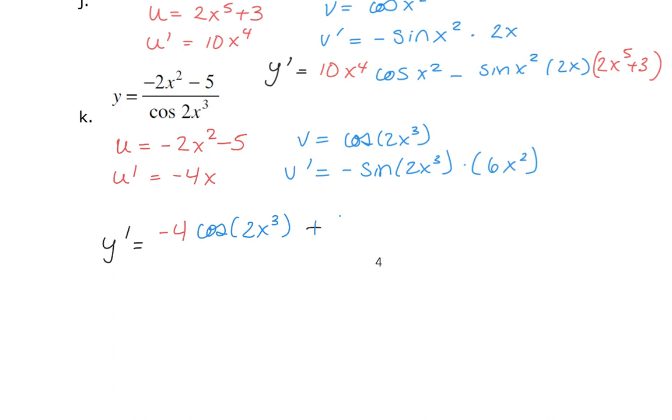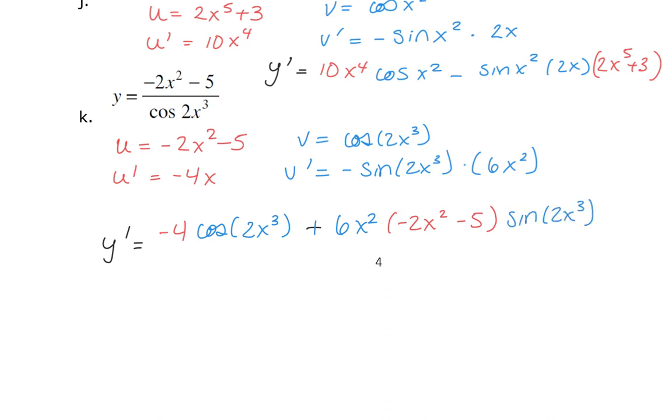And this time I'm going to write this as 6x squared first, multiplied by my numerator, which is 2x squared minus 5. I should probably put that in red so you can see that is the numerator. My rest of my denominator derivative is the sine of 2x cubed.